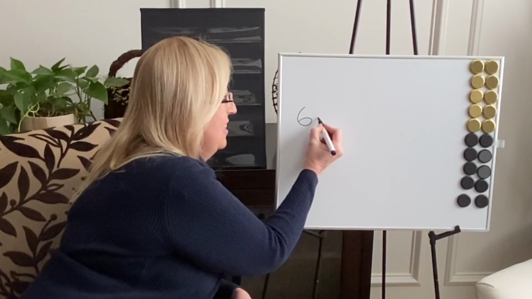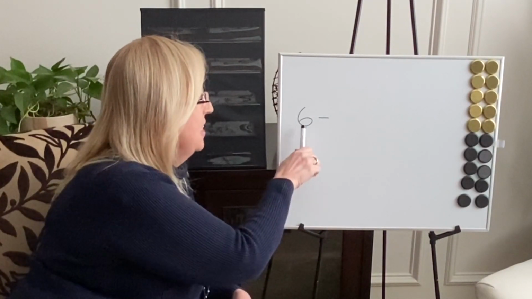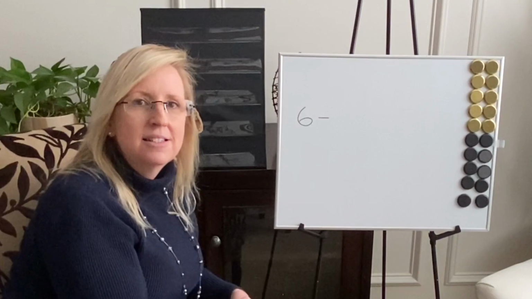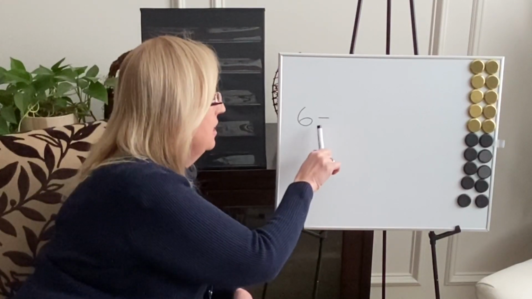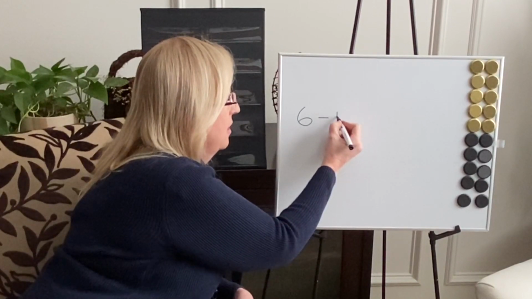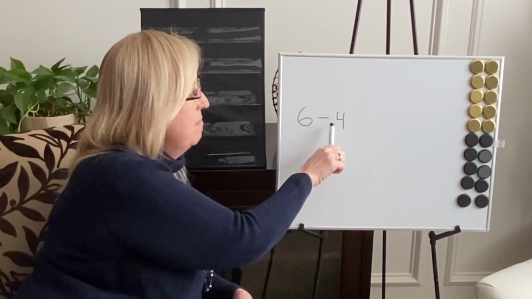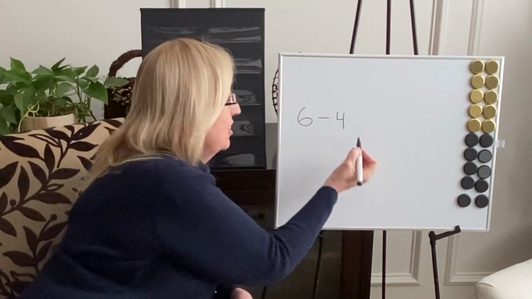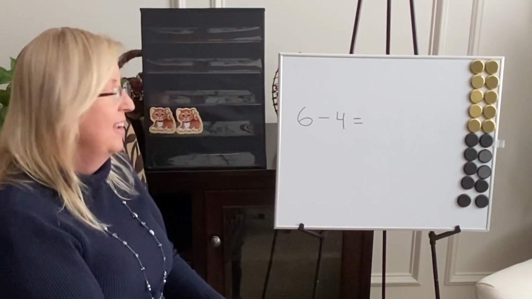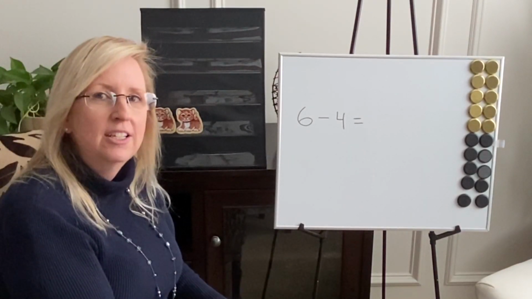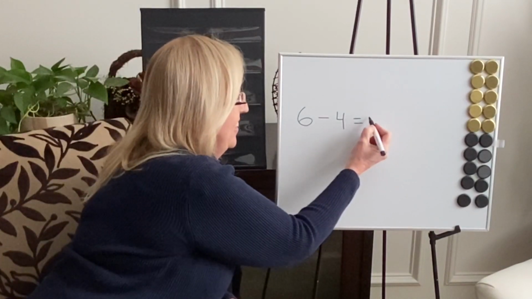And subtraction calls for a minus after that whole number. 6 minus, how many kitties got lost? 6 minus 4, and here comes that equals. 6 minus 4 equals, that's right, 2.